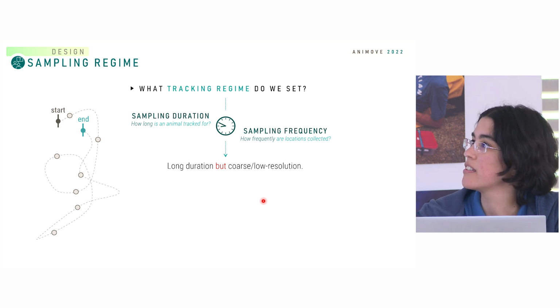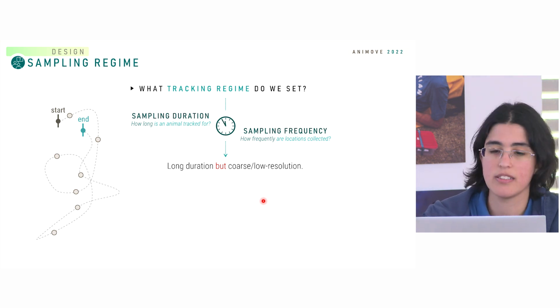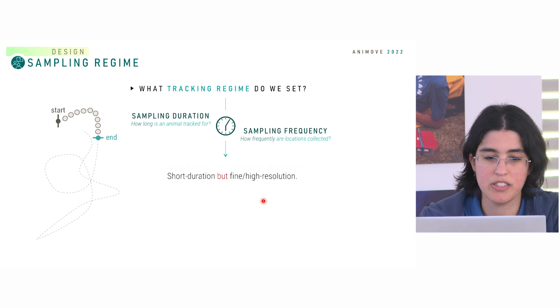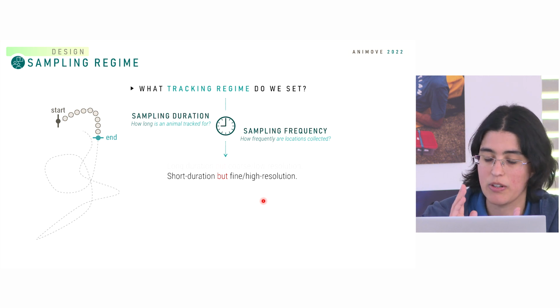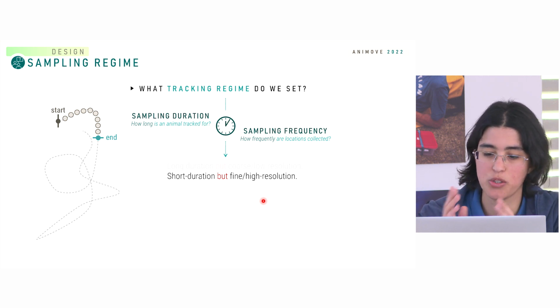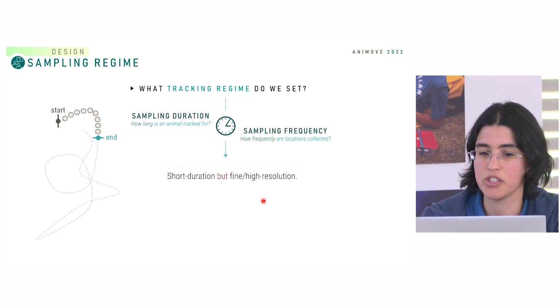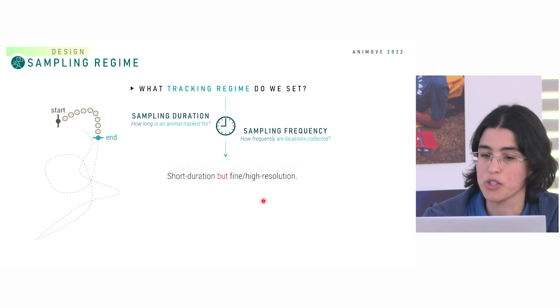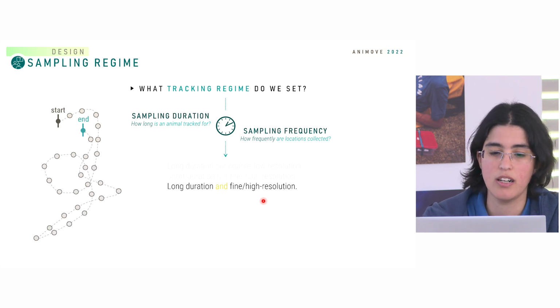Again, you can do it with long duration, but then you want coarse and low resolution for certain questions. You can do short duration, but fine, if you're interested in a behavior that happens within a short time frame and you want high resolution, like we saw in the example before, so you can detect those small trajectory differences.